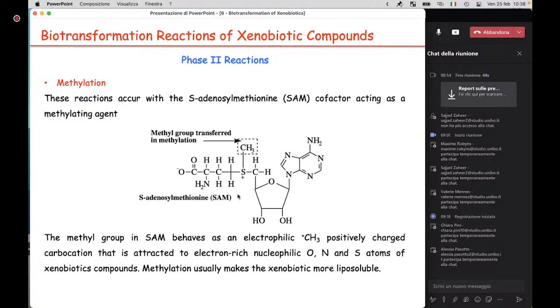This methyl group can be transferred to oxygen, nitrogen, or sulfur atoms. Why? Because here you can see a plus sign, but really when the molecule reacts with other substances, it is as if this plus charge is here on the methyl group, and carbon really hates to be positively charged, also negatively, but it is even more difficult.